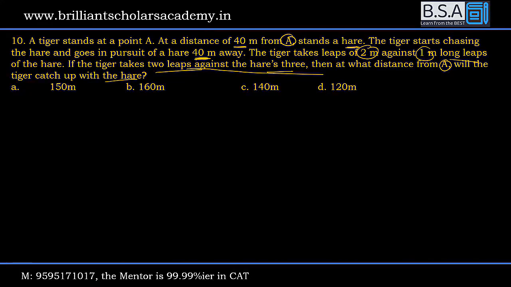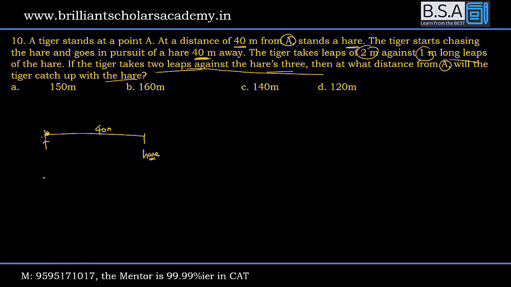So how do we approach this? You visualize this. There is a tiger here, and at a distance of 40 meters, there's a hare, a kind of rabbit, some same type of animal.